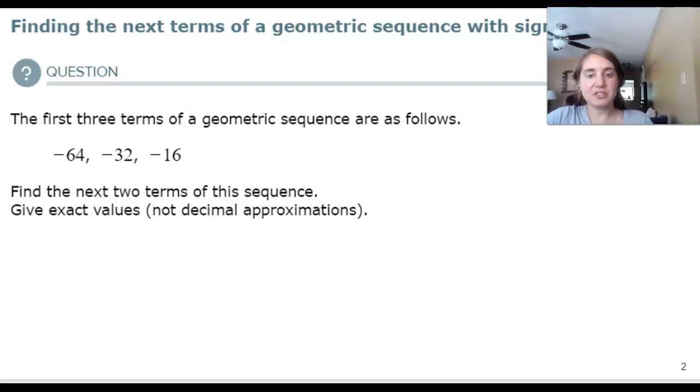This first one asks us, the first three terms of this geometric sequence are as follows. Find the next two terms. So I'm going to look at the pattern that's happening as I go from one term to the other.